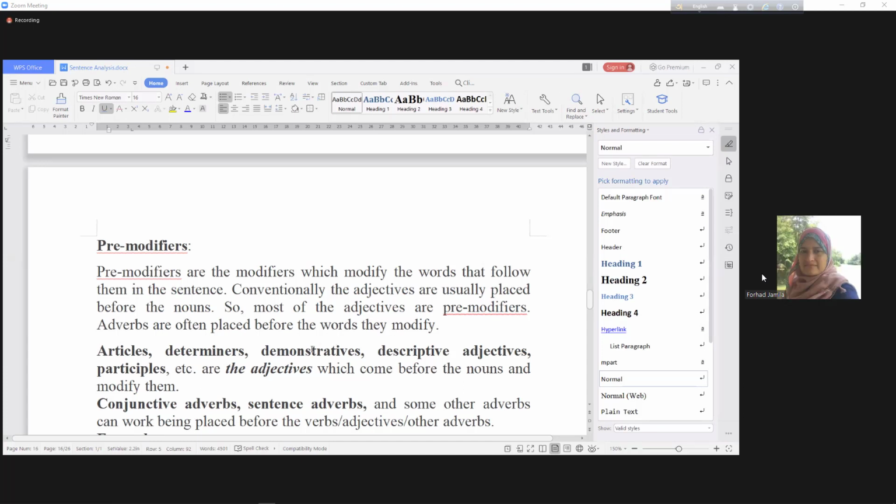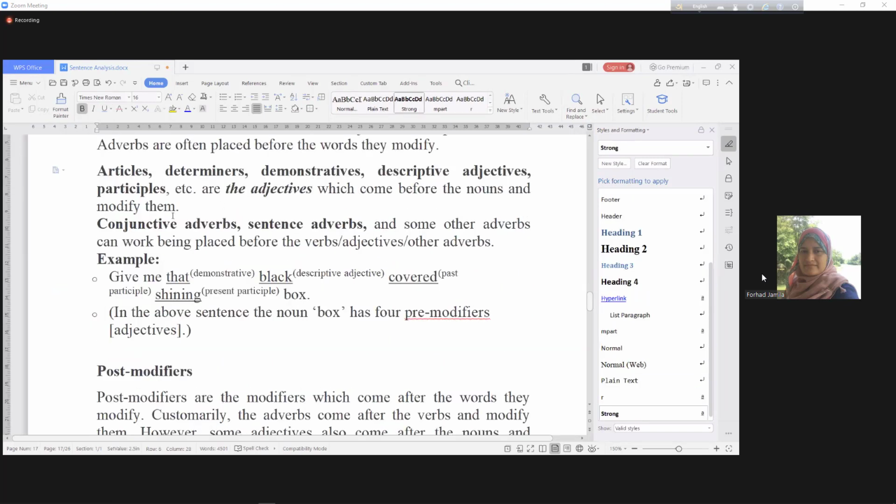Adjectives গুলো সাধারণত পূর্বে বসে, বেশিরভাগ সময়, কিন্তু সব সময় বসে এরকম না। If I say he is poor, it is used after the word that it modifies, he. That means it is a post modifier.